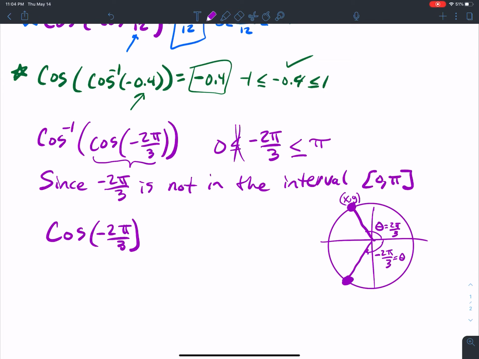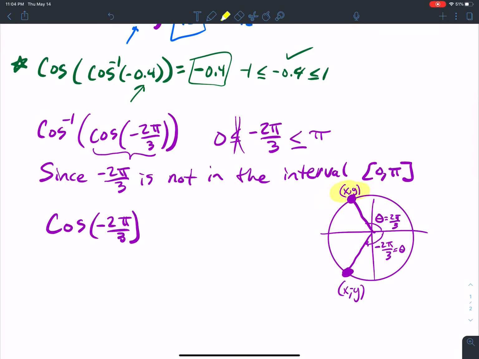Okay? So what do I know? The only thing different between these two values here is that the y value is negative for this one down here and it's positive for this one up here. They have the same x coordinate, it's just the y value that is changing. So what does that tell me?